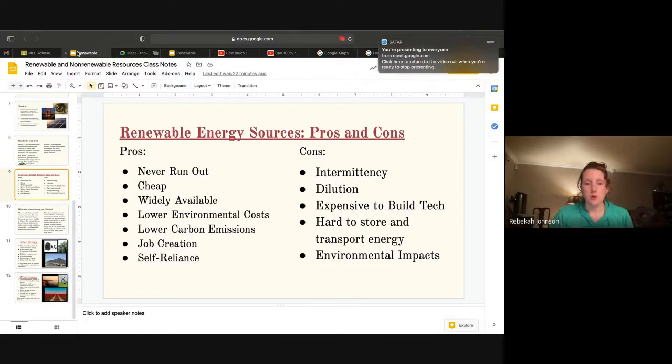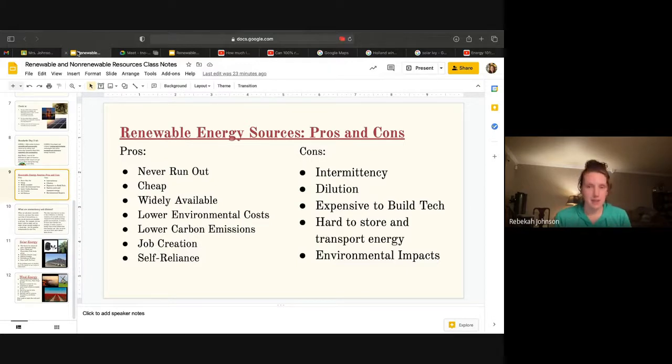So some of the pros: because they are renewable, by definition, we can never run out of them. For the most part, these fuels themselves are very cheap. Sunlight is free. Wind is free. Biomass, a lot of times is free, but if it's not, it can be done very cheaply. Geothermal energy is free.